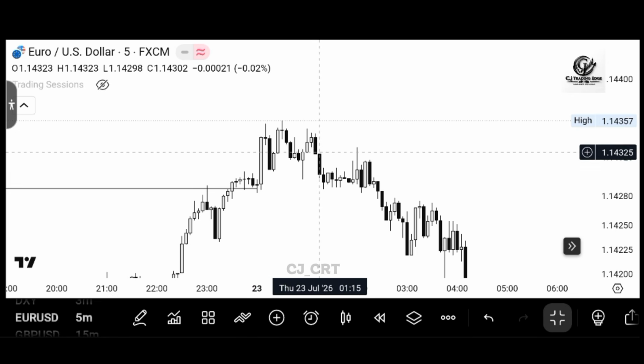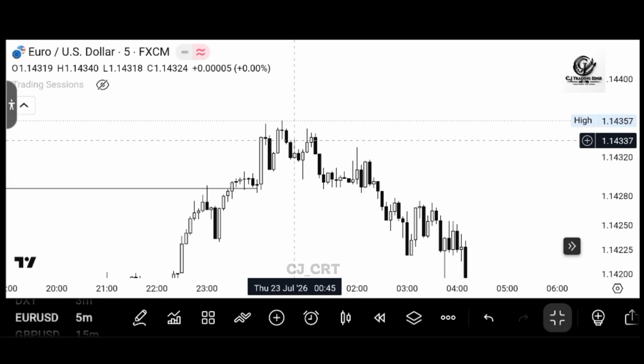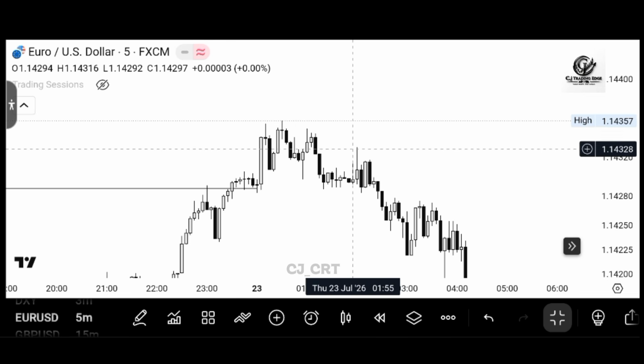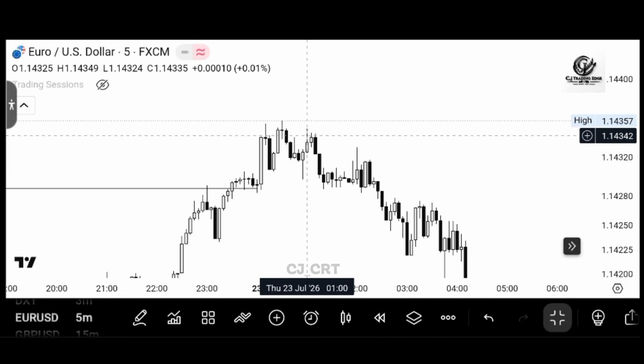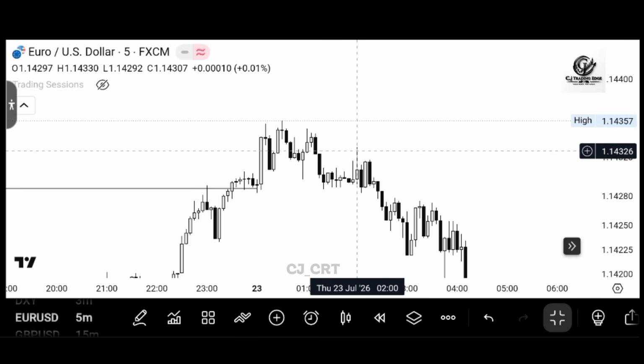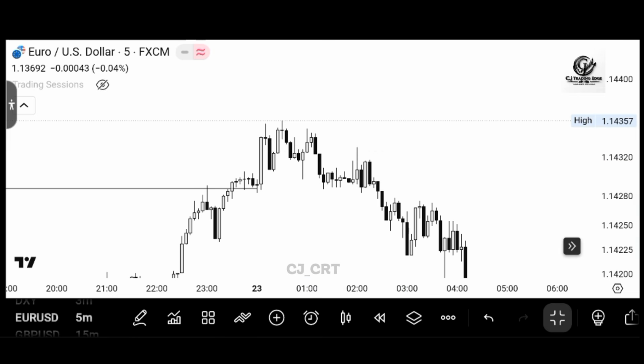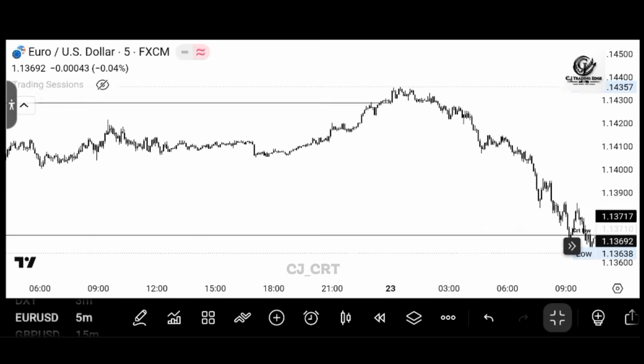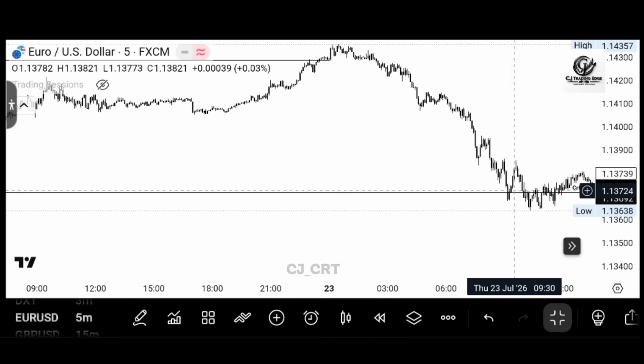Now in this case, you can sell from here, you can sell from this one, or you can sell from this one. Two positions, one position, and maybe one more position. And then you aim for the low of the daily candle.